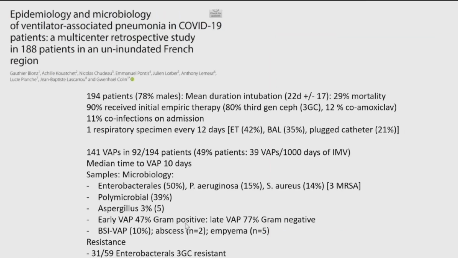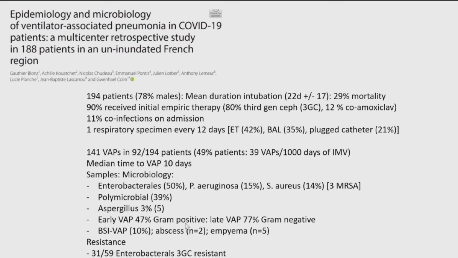Now, if we look at the epidemiology and microbiology of ventilator associated pneumonia, this is a French study of 188 patients. They had around 78 males and they had a mortality rate of 30%. Almost 90% received empirical therapy, with 80% with third generation cephalosporins and 12% with amoxiclav. 11% had co-infection at the time of admission.